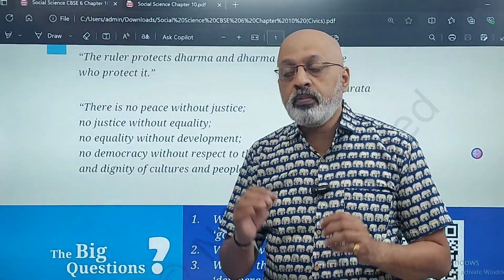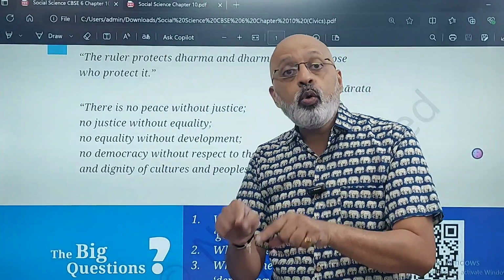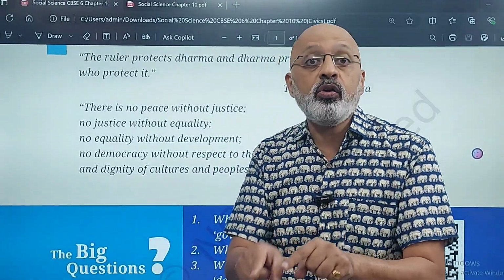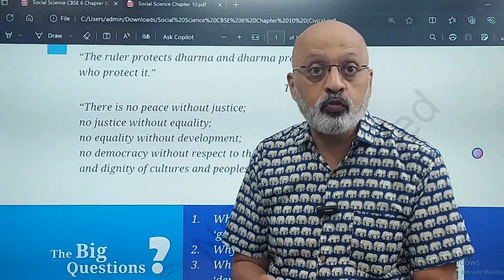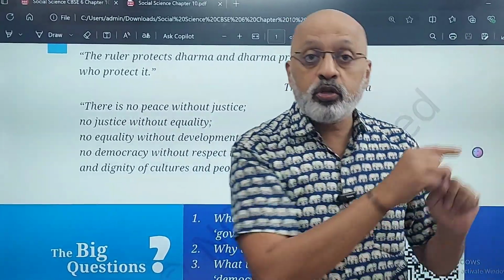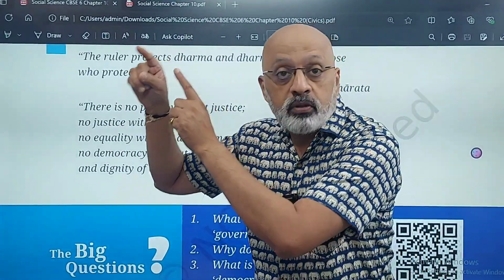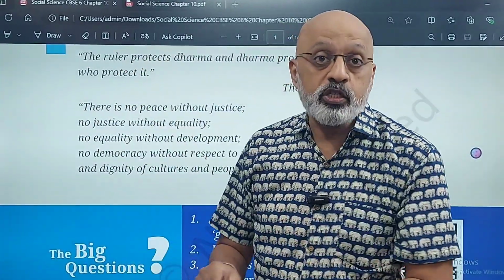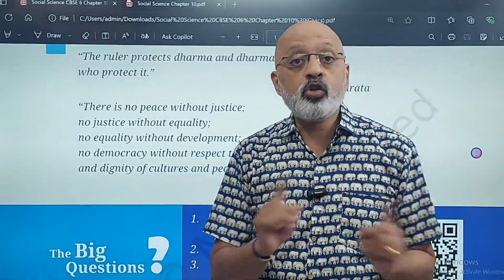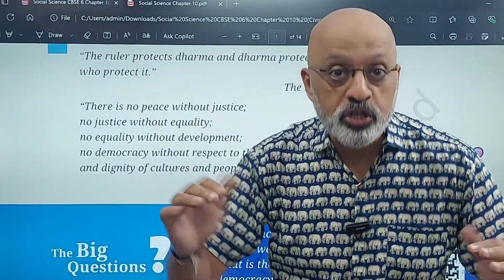Also, please remember that if I am casting a vote, the value of my one vote is the same as the value of, let's say, your parents' vote, is the same as the value of Prime Minister Narendra Modi's vote, is the same as the value of the leader of opposition Rahul Gandhi's vote. So the value of all votes remains the same. There is no difference based on which position someone holds. Okay.